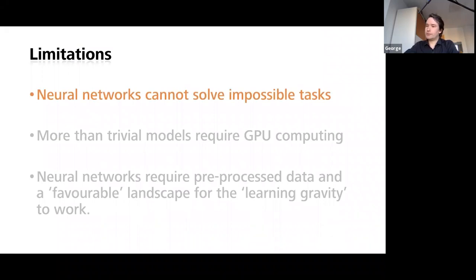Limitations: neural networks cannot solve impossible tasks. If you feed noise data, or try to predict something that basically does not have a rule, there's a story about superstitious pigeons. B.F. Skinner was training pigeons in the 1950s and was releasing food at random intervals.